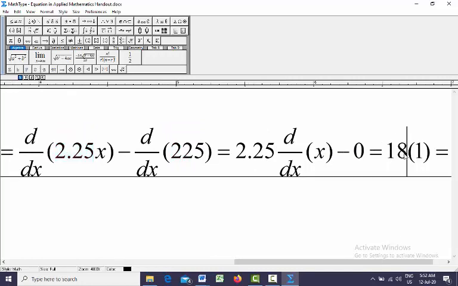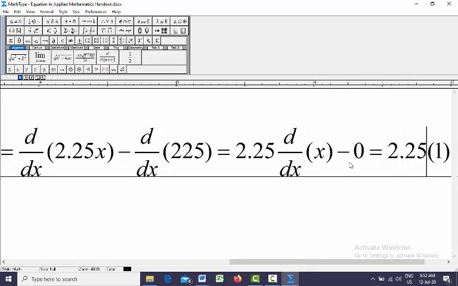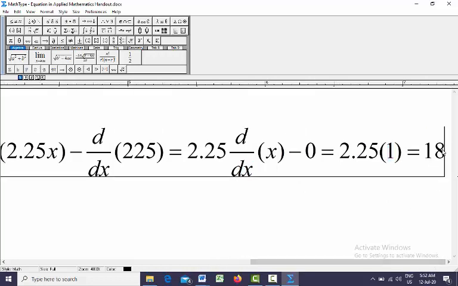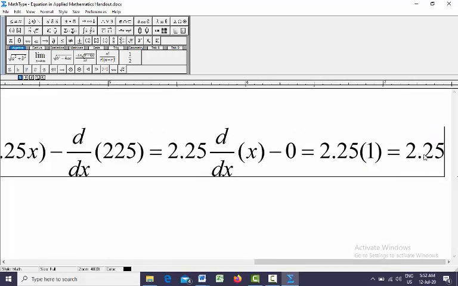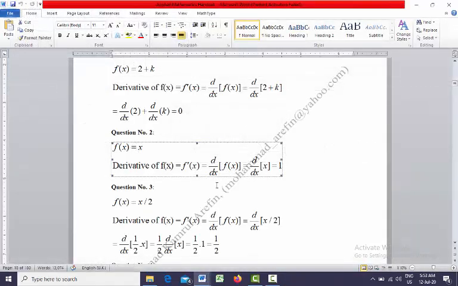So similarly here we will have 2.25. As I said before, if you want to do differentiation of x with respect to x, the answer is 1. So the answer is 2.25.